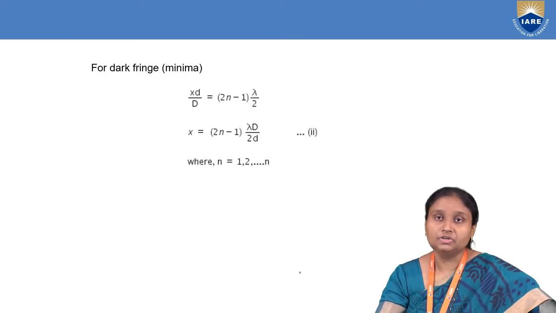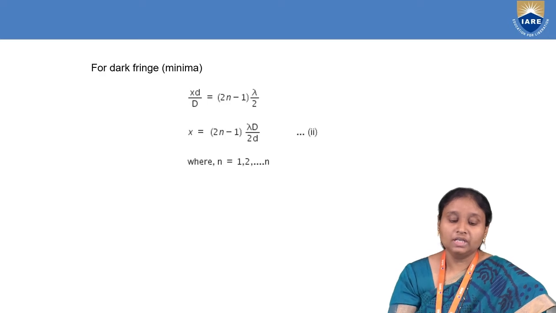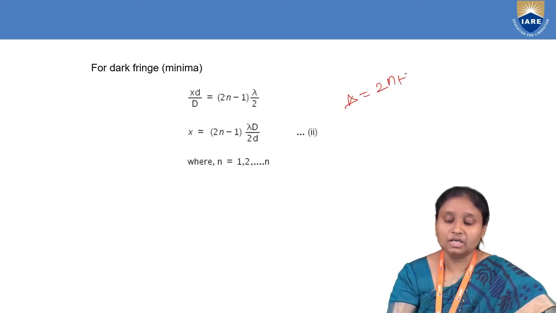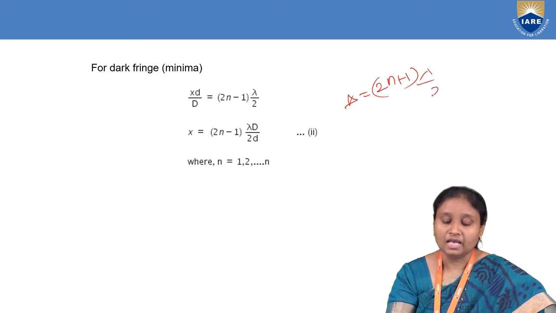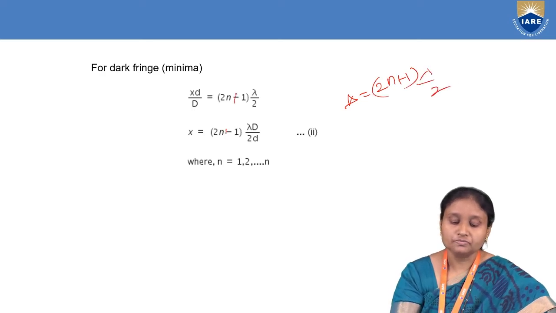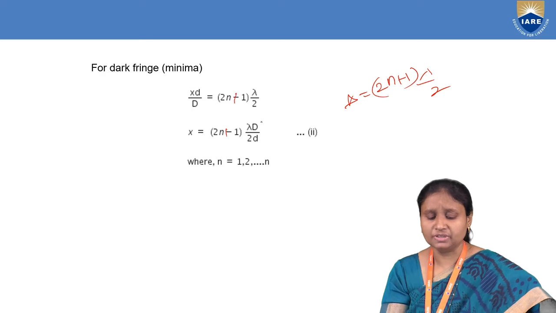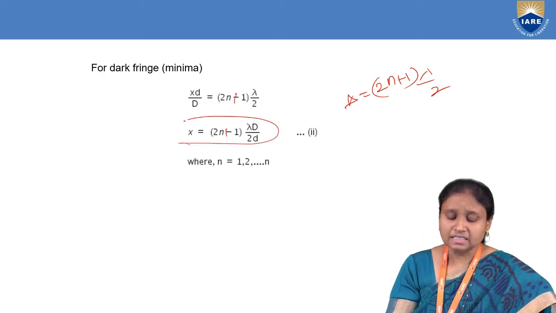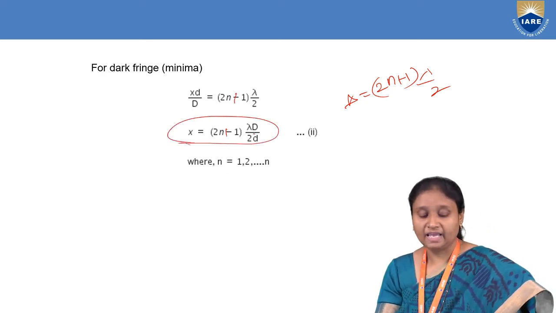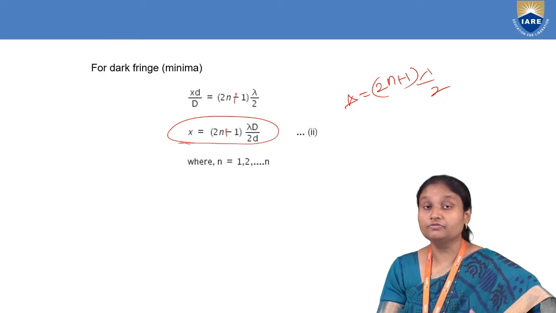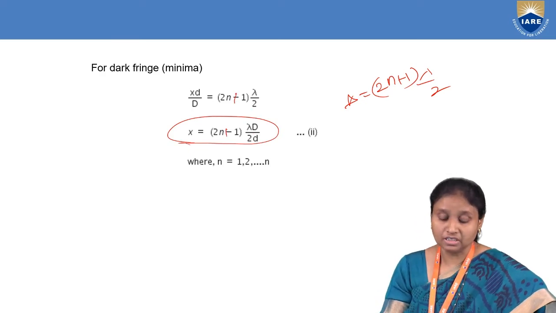Similarly, we try to do it for dark fringe. And we know that we'll get a dark fringe if path difference is (2n plus 1) lambda by 2. If we substitute our path difference here, (2n plus 1) lambda by 2, this is the condition. This particular x value is the distance of the dark fringe from the center of the screen.